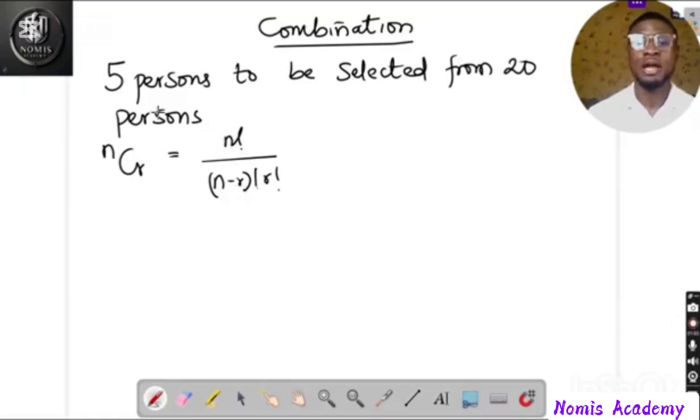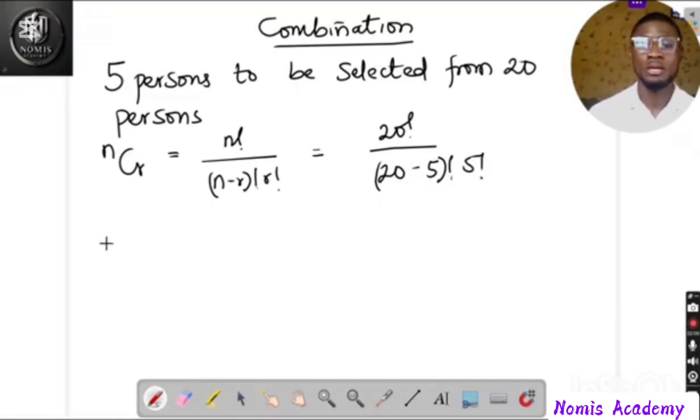So for instance, I have the question: 5 persons to be selected from 20 persons. Then using this formula, it becomes, out of 20 persons to select, n is our 20, so that will be 20 minus 5 factorial multiplied by 5 factorial.